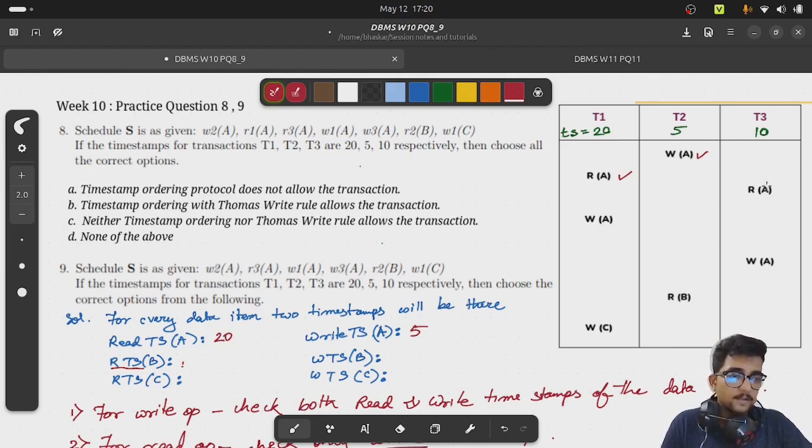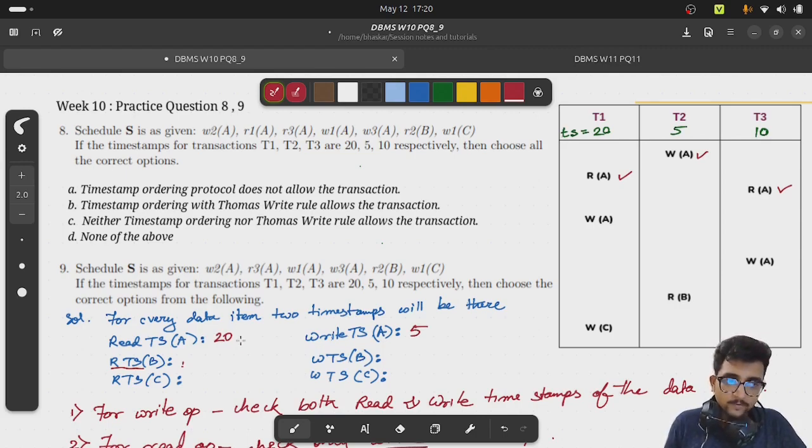Fine. Next, this read by T3. Again, we will only refer to the write timestamp of A. Write timestamp of A is 5, and here T3's timestamp is 10. So due to similar reasons, we will also allow this. Now, since this T3 whose timestamp value is 10 has read the value of A, should I update the read timestamp of A to 10?